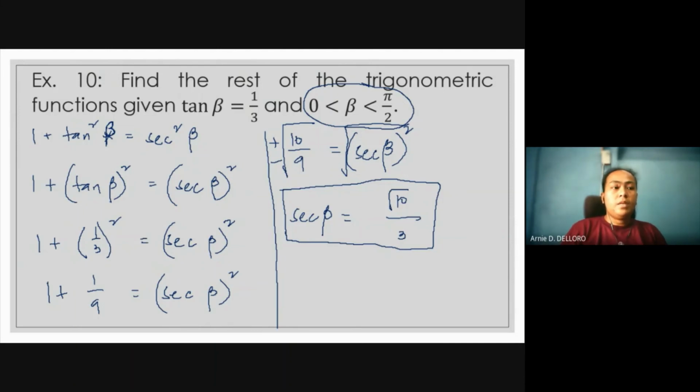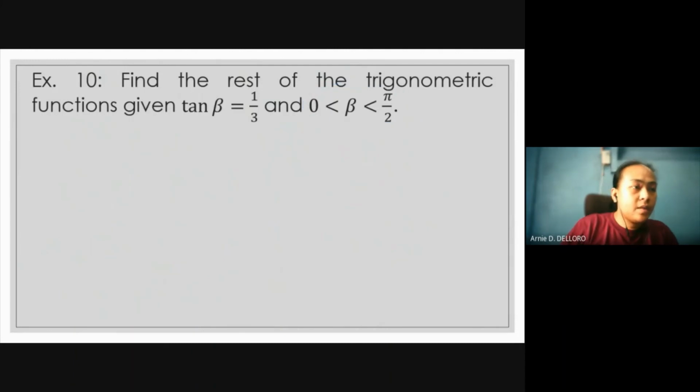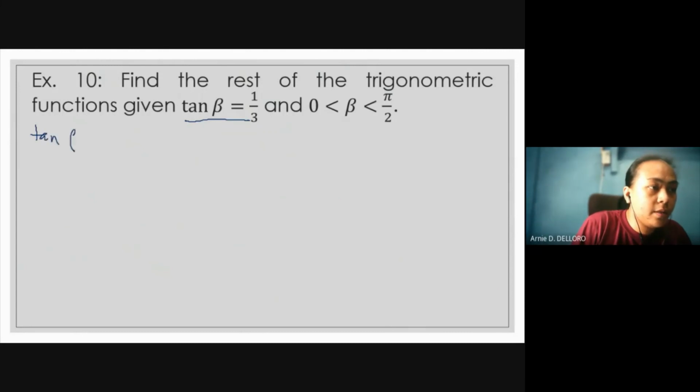Okay, let me just erase some of the writings. The given is tangent, right? So tangent beta is equal to 1/3. Of course, its co-function is simply the reciprocal of the value. So cotangent beta is the reciprocal of this fraction, so we have 3.